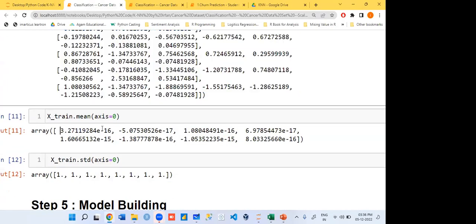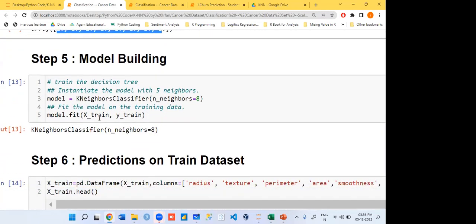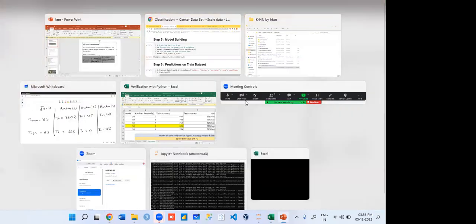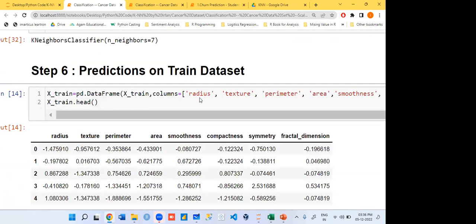So all the mean values are 0 and all standard deviation become 1. This is just to prove to you that we have done the scaling. Now using X train, Y train. What is the value of K we found, guys, randomly? 7. Let me write 7 over here. Clear?